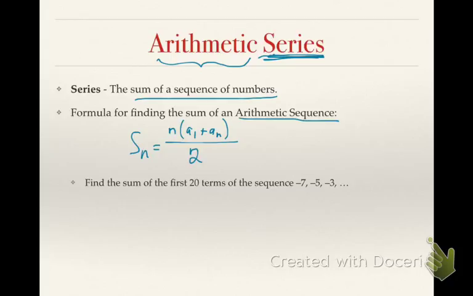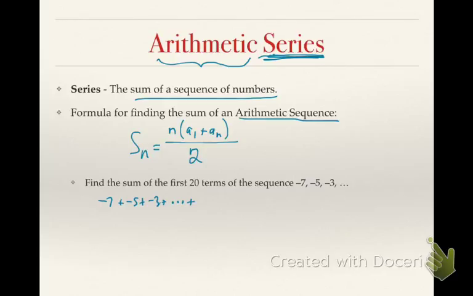So to find the sum, or the series, of this sequence, let's say of -7, -5, -3, find the sum of the first 20 terms. I'm essentially finding the -7 plus the -5 plus the -3 plus, all the way up to the 20th term.